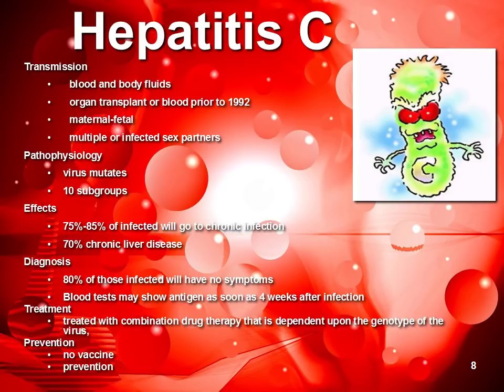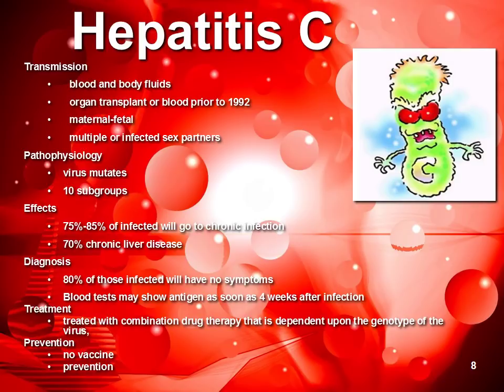How do we treat? It is treated with combination drug therapy that is dependent upon the genotype of the virus, but will include some form of interferon plus another agent. Within the first 12 weeks, we can know how the client will respond during the entire 48-week course of treatment.